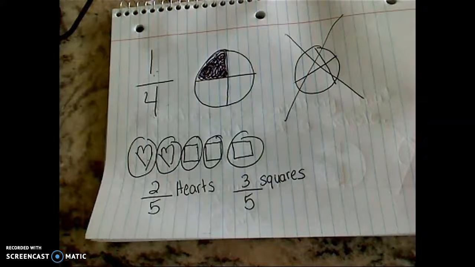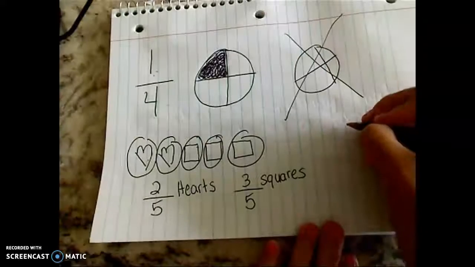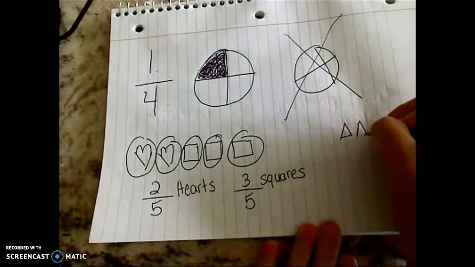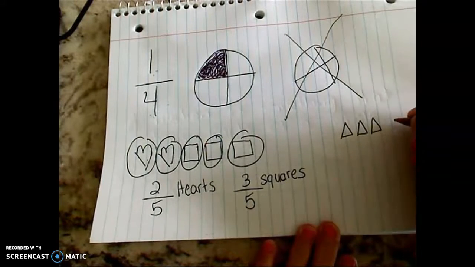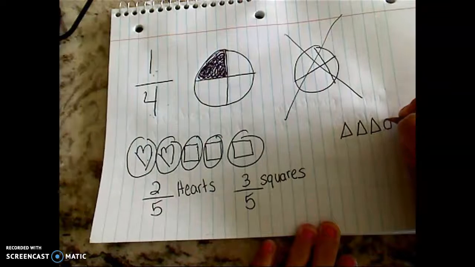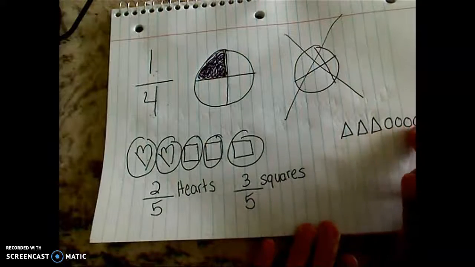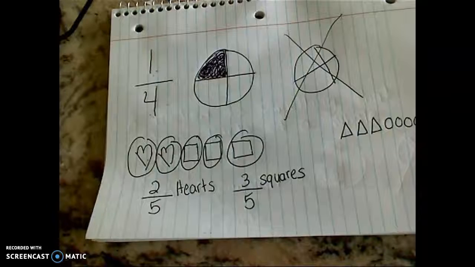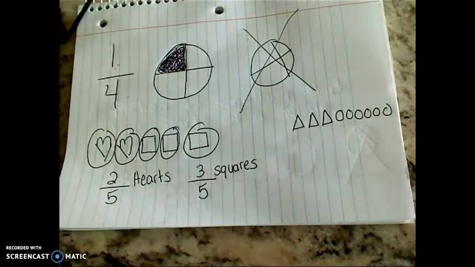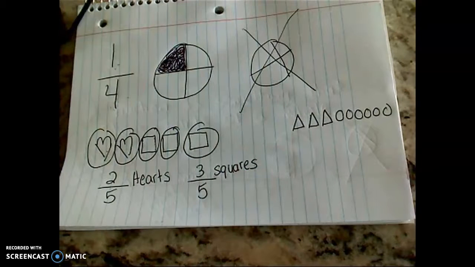So let's look at another one. So here I have 3 triangles and 1, 2, 3, 4, 5, 6 circles. So if I look at this, I want you to tell me what part of my set are not triangles. So what part of my set are not triangles?